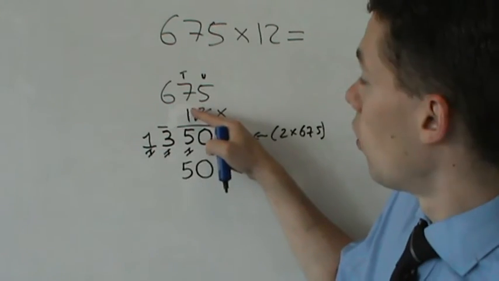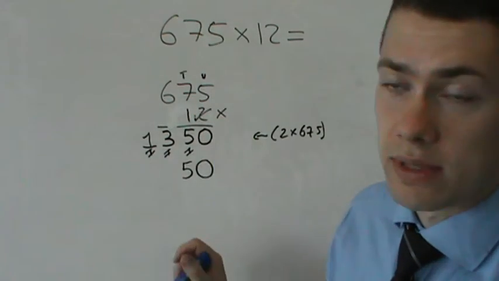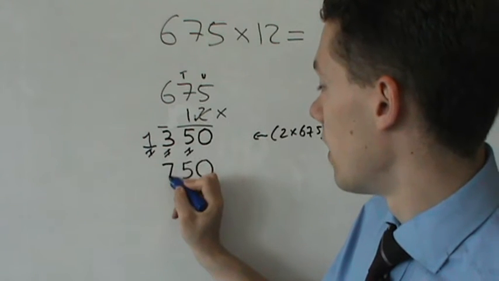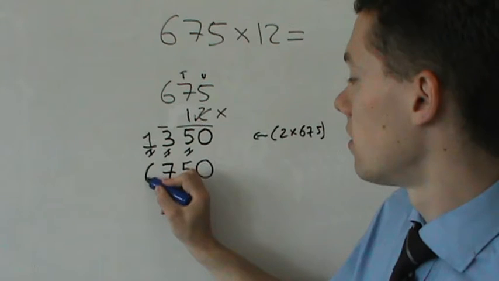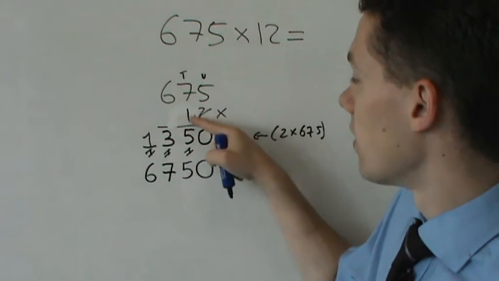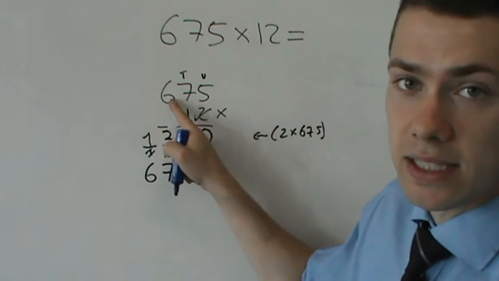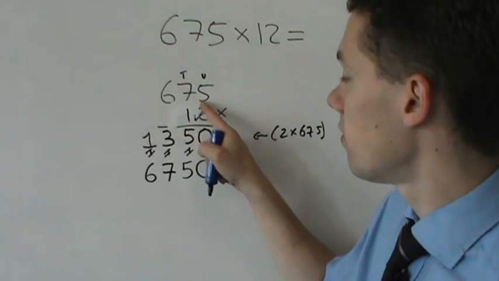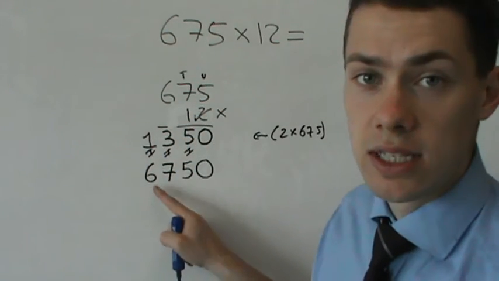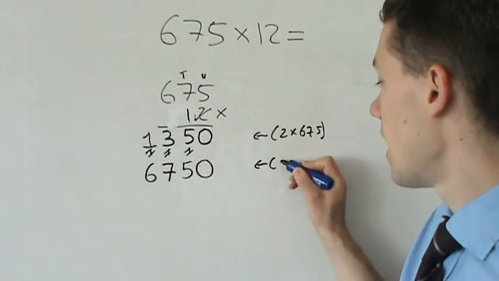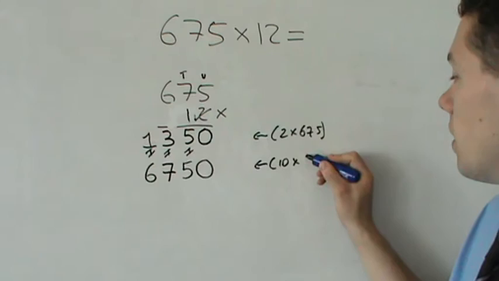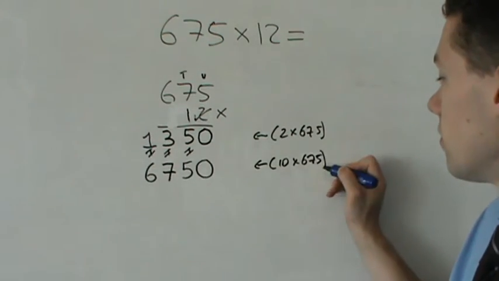Next, I've got 1 times 7. 1 times 7 is 7, which I'll put down there next. And then finally, 1 times 6 is 6. So we've now worked out that 10 multiplied by 675 equals 6,750. So I'll put that there. That's 10 multiplied by 675.